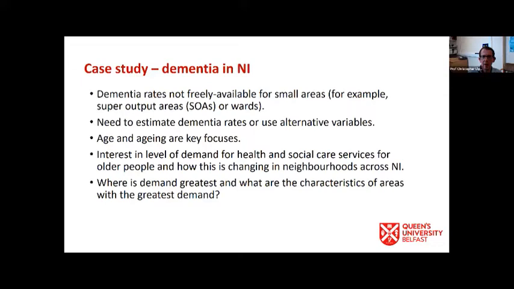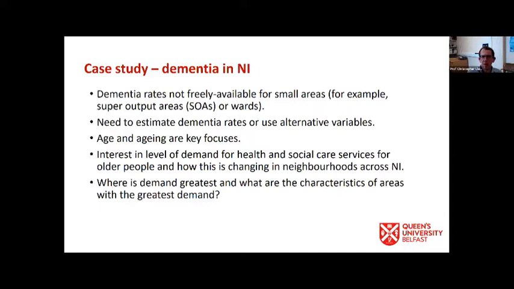So in an ideal world, if we were going to understand need in terms of dementia, we would obviously have geographically detailed information on dementia cases and rates, so that we could say something about where services might be required. So one of our key focuses, as I'll say a little bit later on, was on rural areas where physical access might be more distant to primary healthcare, to community groups, to whatever. So that's the first thing we would need.